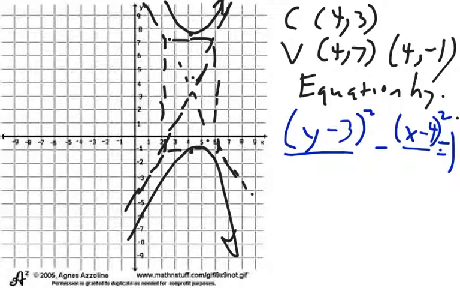So now, how far we went up to get from the center to the box would give us a, which is a total of 4, because I counted, and 4 squared is equal to 16.